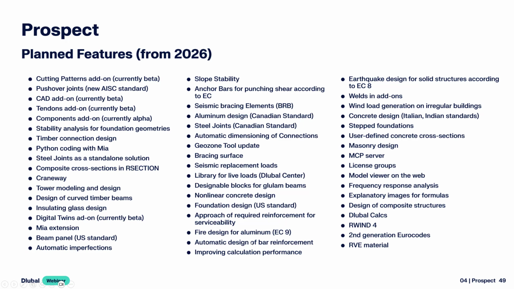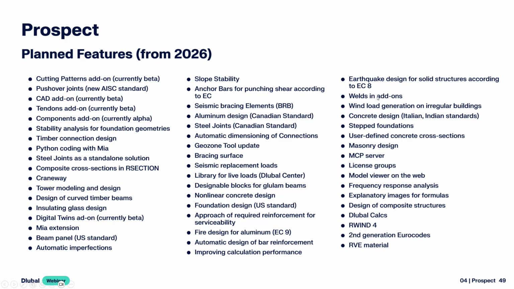Also the automatic design of bar reinforcement. Then we will improve the calculation performance. Then the earthquake design will be implemented for solid structures according to Eurocode 8. Then welds in the add-ons.